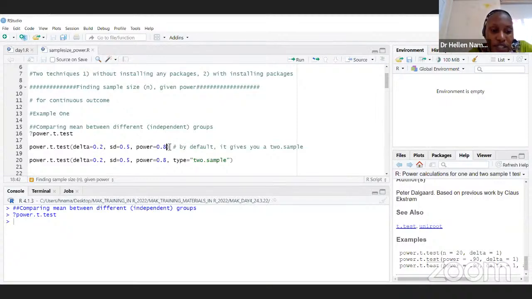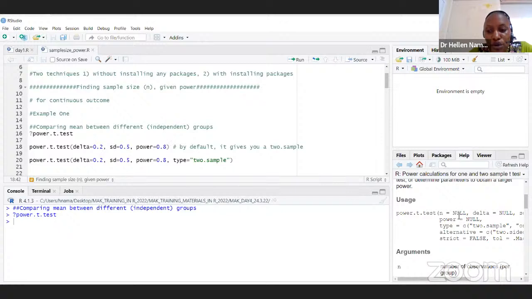So in case I run this line, if you check the different arguments inside the power.t.test, I've not indicated the type as per what we saw in the help command. But in case you want to indicate the type, whether it's a 1 sample or a 2 sample, but most of the time by default, it gives you a 2 sample.